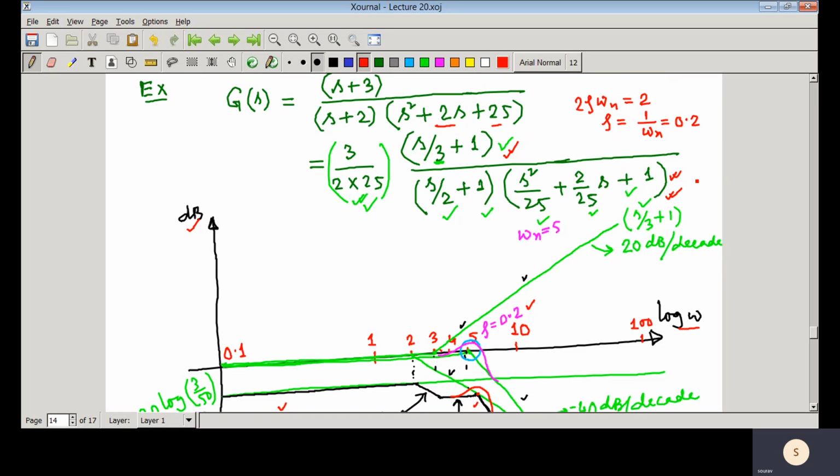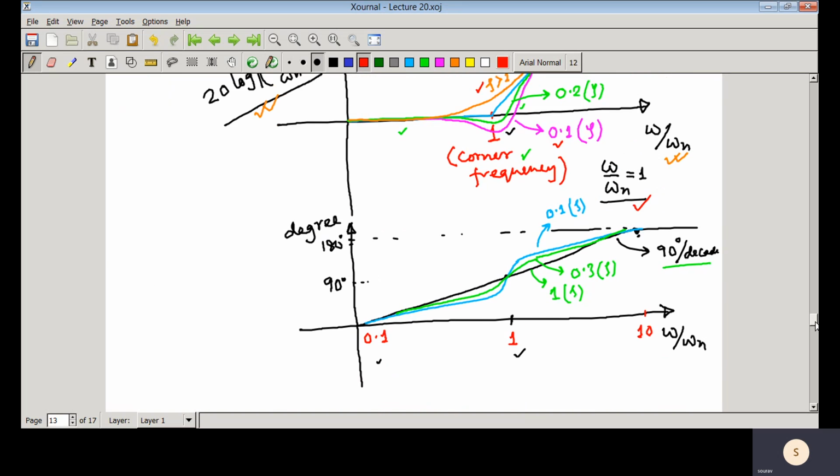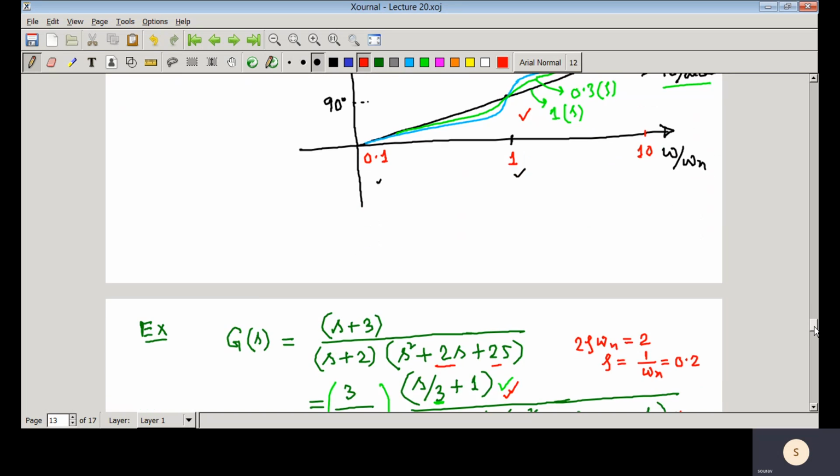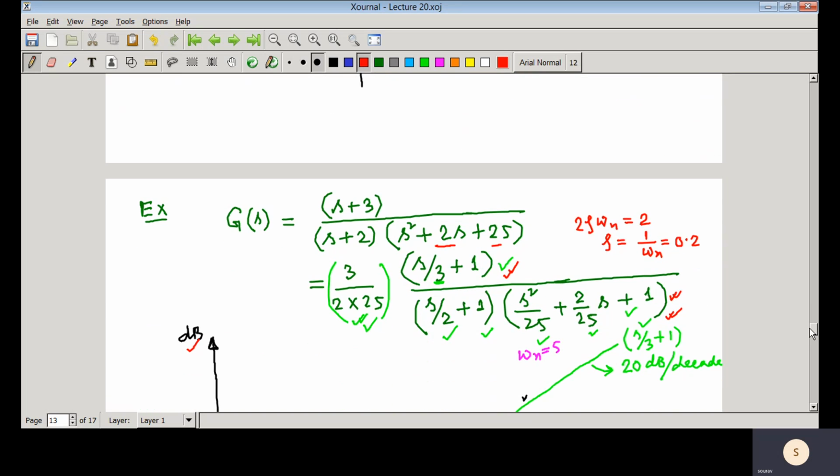And at the corner frequency, as zeta equal to 0.2, you need to correct that as we have done like this. So this is all about the asymptotic Bode plot.